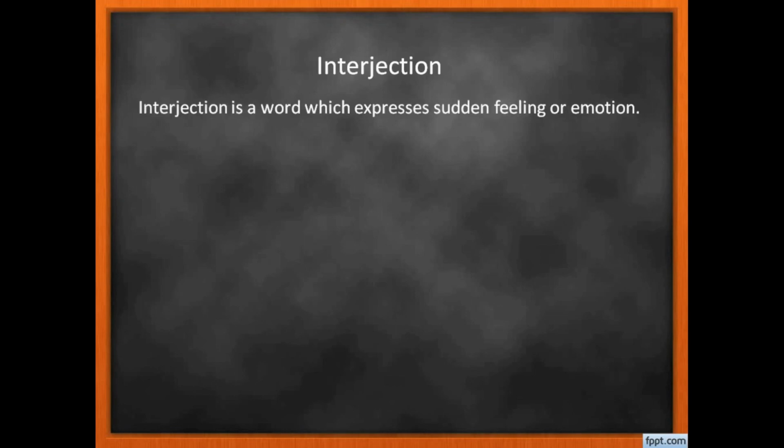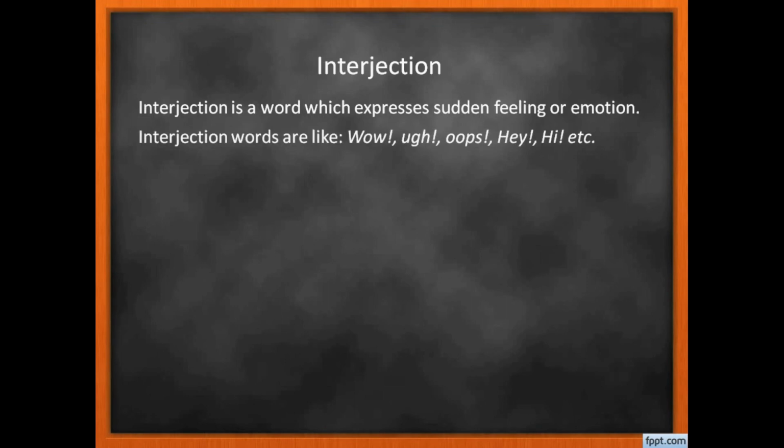Now let's move on to the last part of speech. Interjection. An interjection is a word which shows sudden feeling or emotion. The words are like wow, oh, oops, hey, hi. For example, wow, that's really great news.